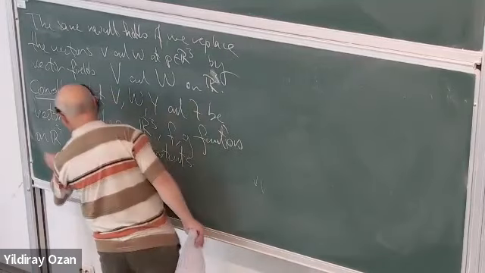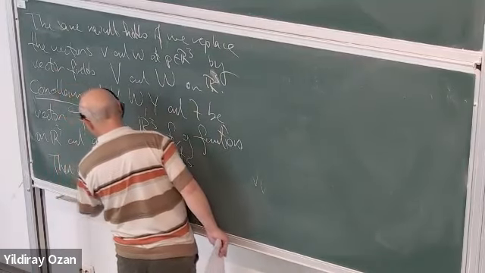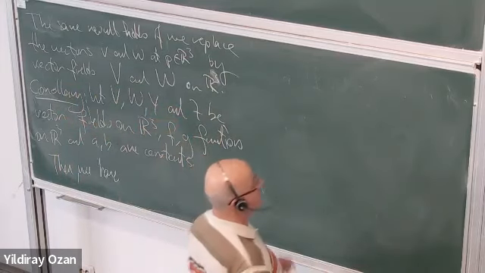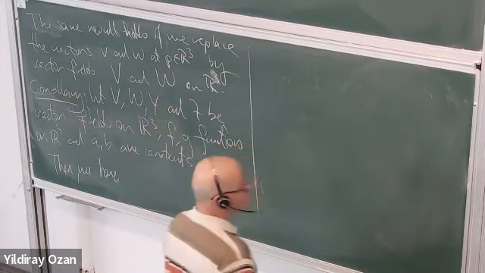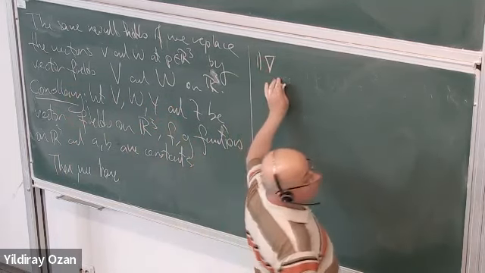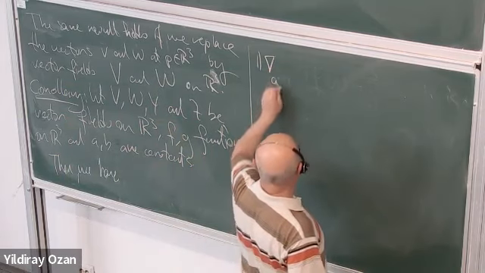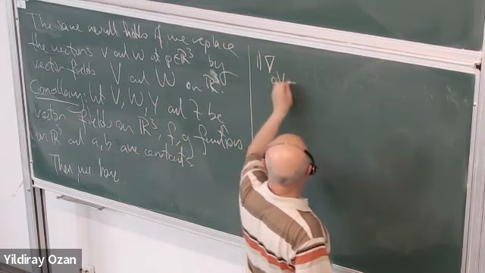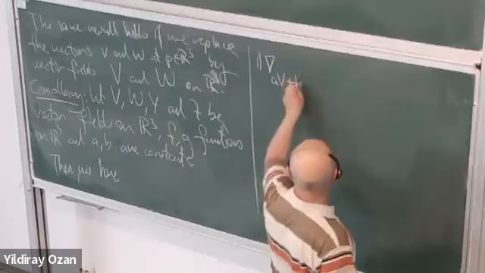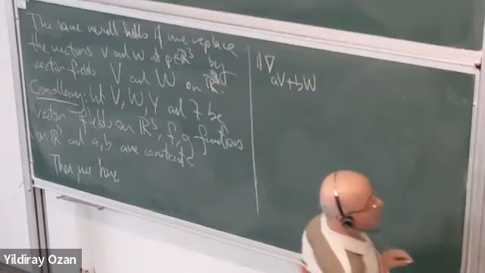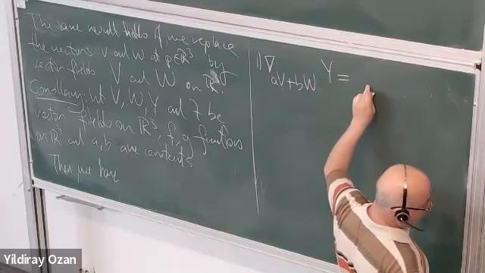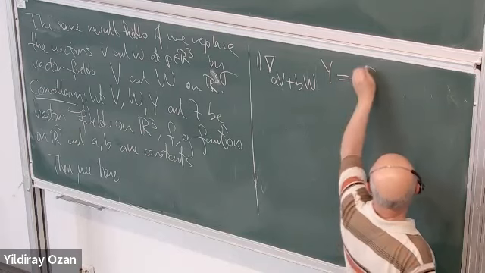Then we have the same statements. So let me rewrite them. The first one is, so I have a times the vector field V, plus b times the vector field W, along the vector field Y.